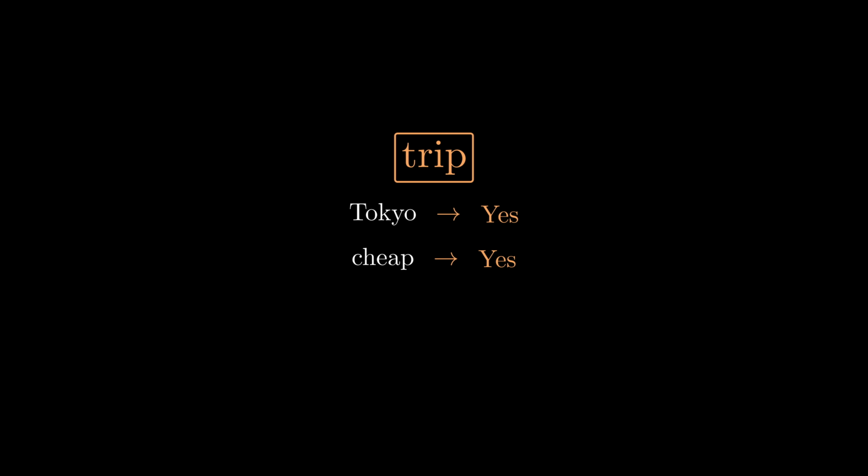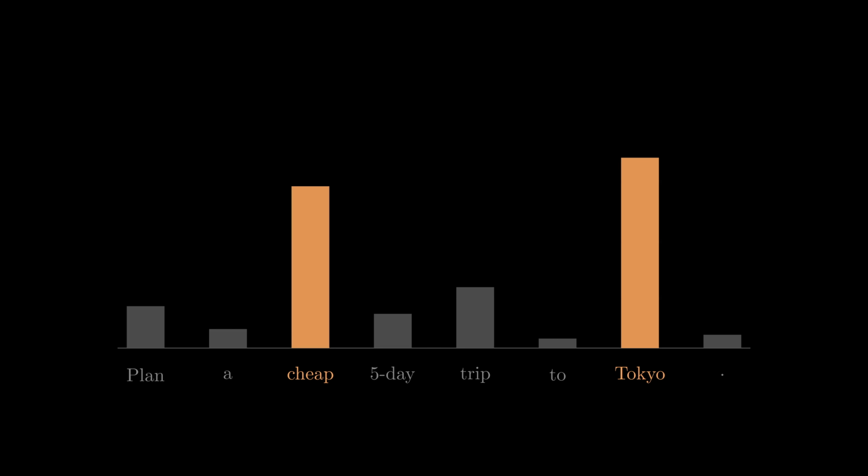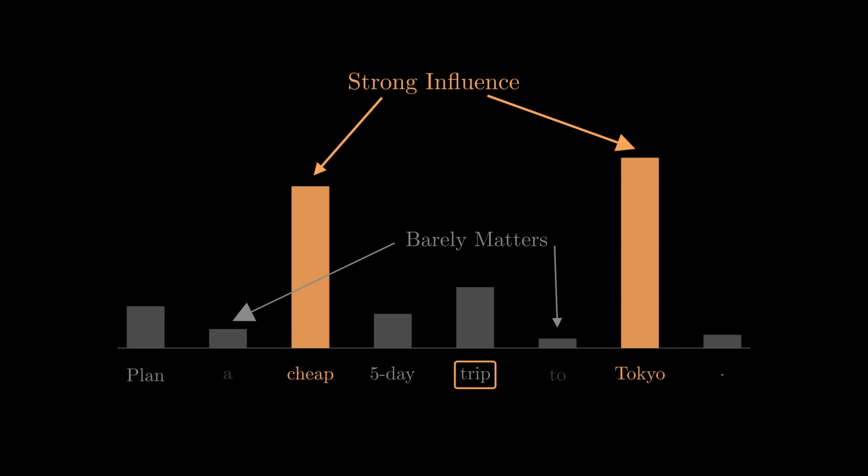Again yes, but to? Not really. Based on that, it assigns more importance to some words and less to others. So words like Tokyo and cheap have a strong influence on trip, while words like to barely matter. This is what attention is doing. It is deciding for each word where the model should focus and where it should not.